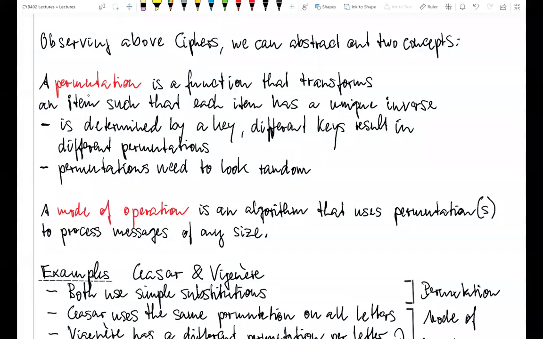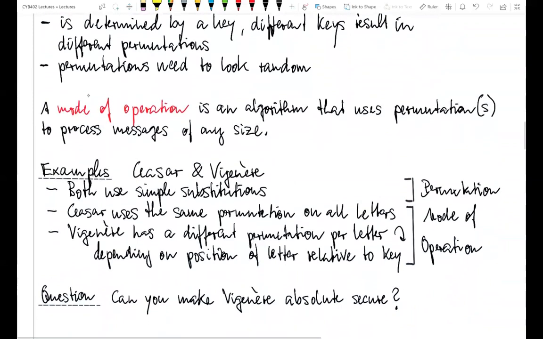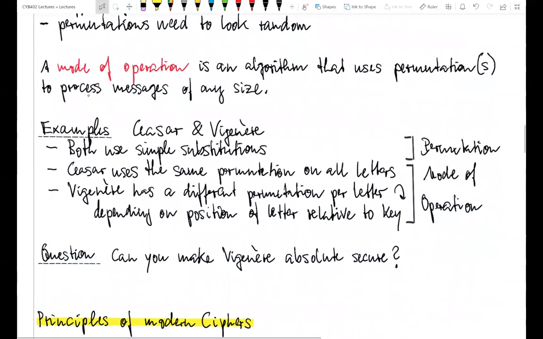And this is achieved by the mode of operation. We are going to talk about that when we talk about block ciphers. So let me give you a few examples. When we look at Caesar and Vigenère, both use simple substitutions, okay? This is what the permutation is.